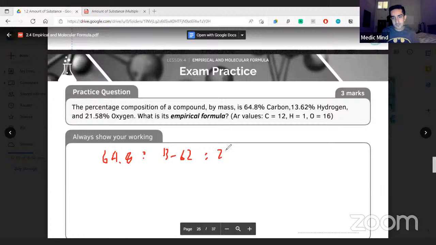So the first thing you do is put this as a ratio of its percentages. You know that these percentages will total 100, and the first thing you do is divide them all by their ARs. So get a calculator. Divide by 12, so 5.4.